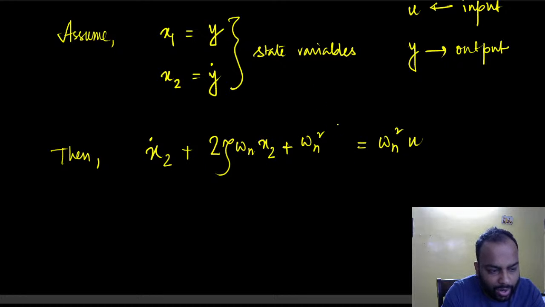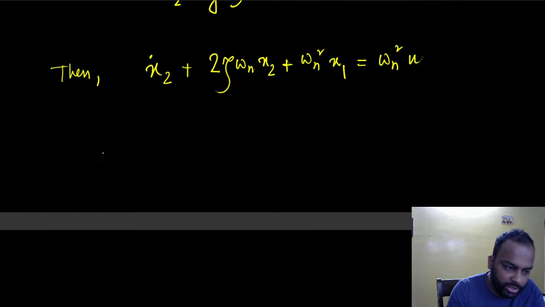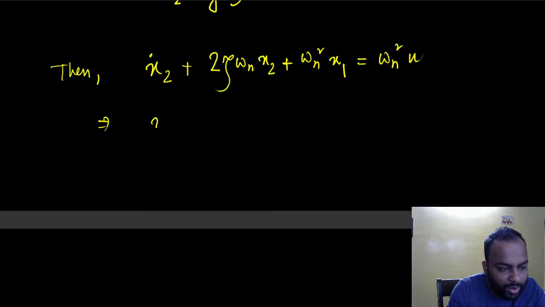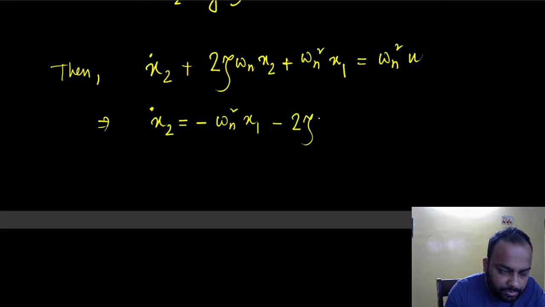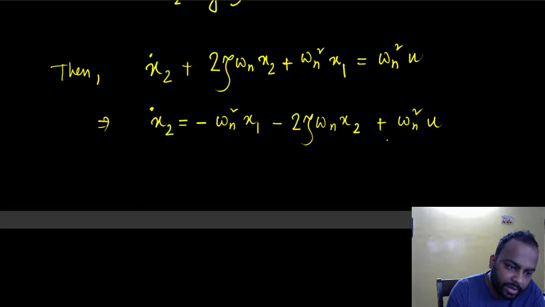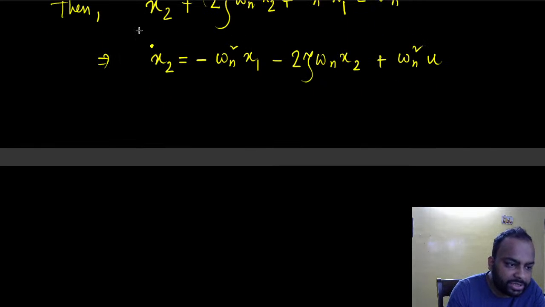Y is x1. And u is u, no problem. Then what is x2 dot? X2 dot is minus omega n square x1 minus 2 zeta omega n x2 plus omega n square u, right? So that is one of the differential equations.